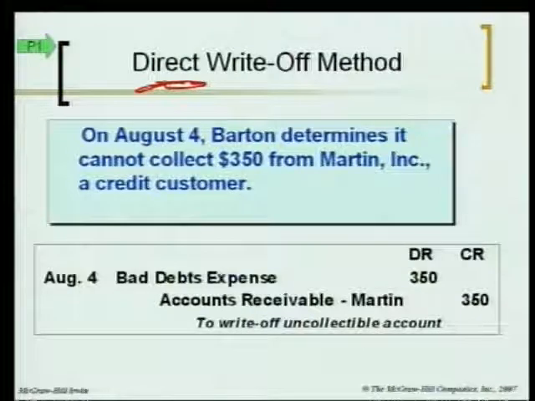You know from exercise 9.2 that whenever we debit or credit a receivable, we have to debit or credit the main control account, and we also have to debit or credit the appropriate detail subsidiary account, don't we? This is pretty easy, isn't it? And so on August 4th, this is what we would do.